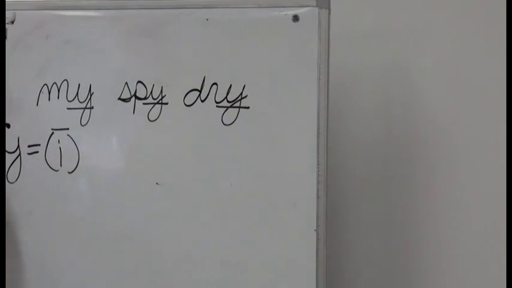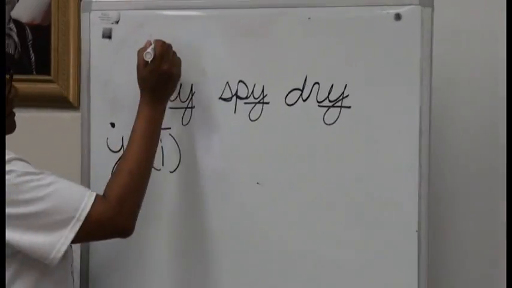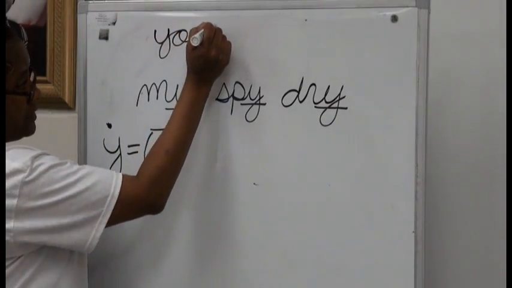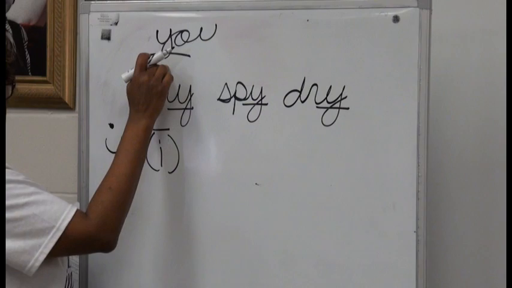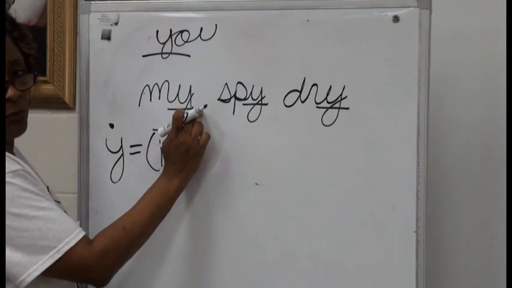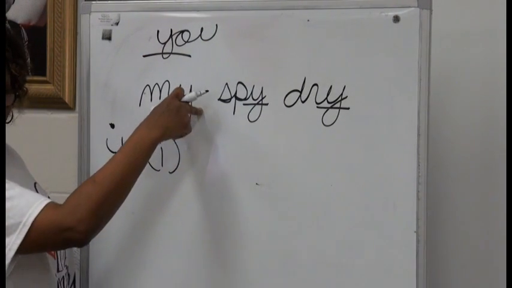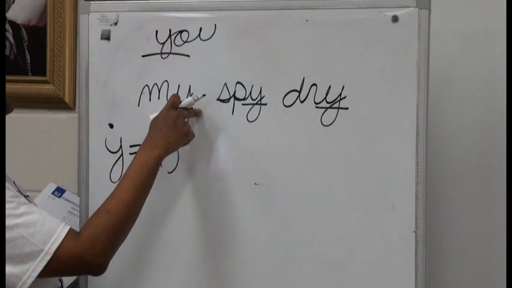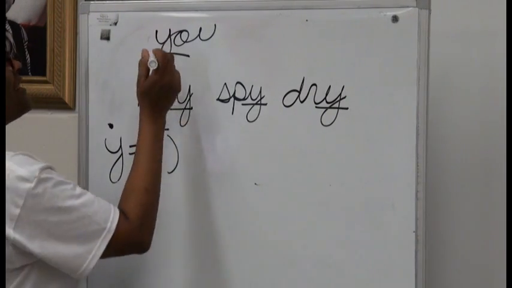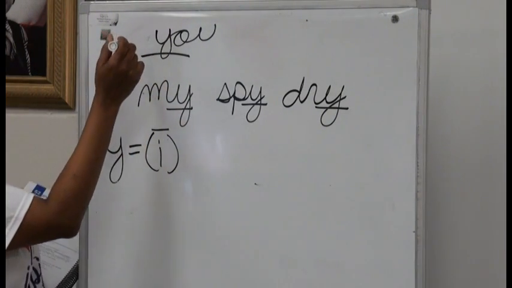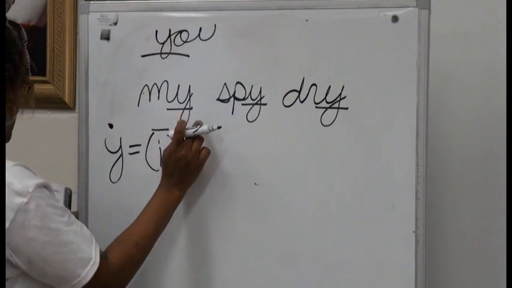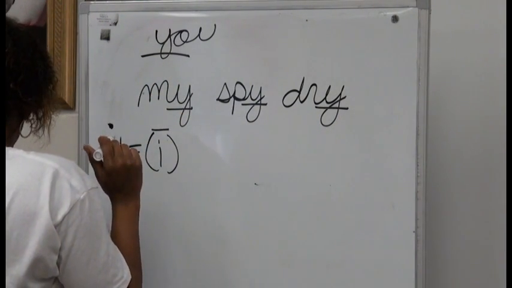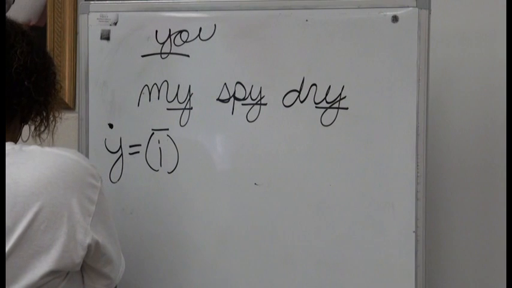Also know this: when you have Y in the beginning of a word, it's a consonant, and at the end of a word it's a vowel. I know, that's something pretty neat, huh?